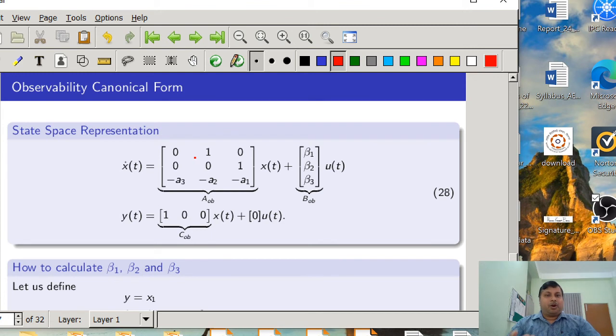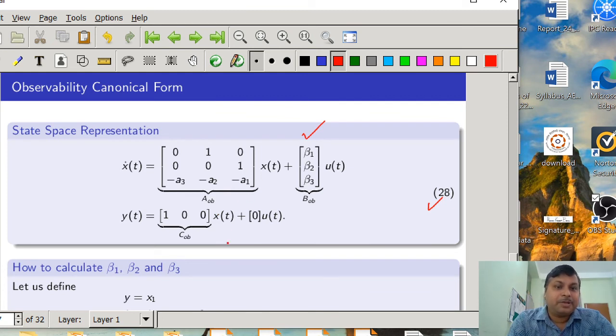The observability canonical form has been defined with the state space representation by equation number 28. The only noticeable thing is that B observer is defined with the variables beta1, beta2, beta3. But the A matrix and C matrix for the observability canonical form are already represented in terms of the coefficients of the polynomials in the transfer function, or we can say they are expressed in the parameters of the system.